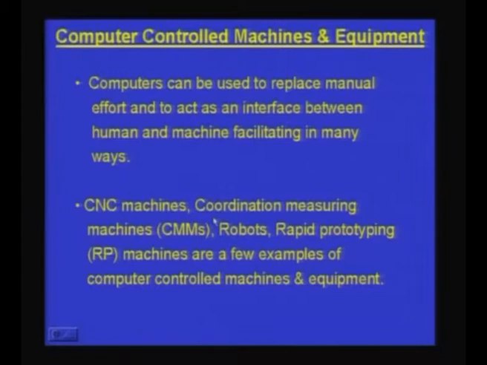Examples are CNC machines, where I have a computer numerically controlled process, or a coordinate measuring machine, or a robot which is computer controlled, or a rapid prototyping machine where the computer is an integral part of the machine itself. So, all these are examples where the role of the computer is basically to control some process or some aspect of the machine.